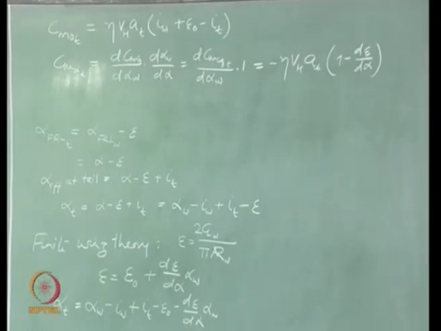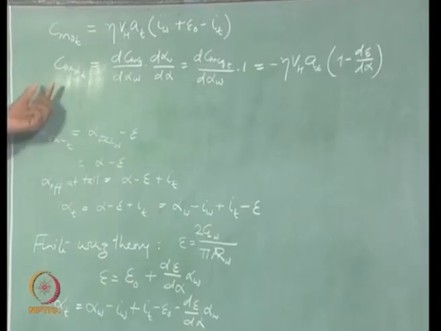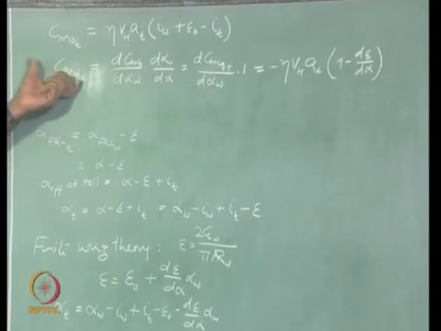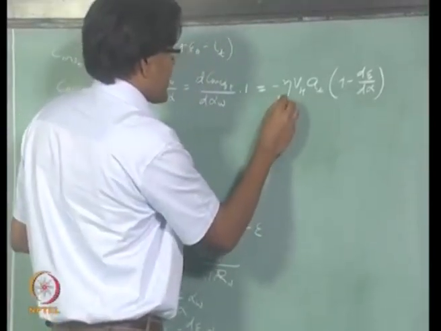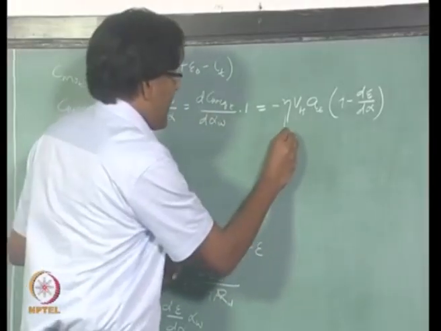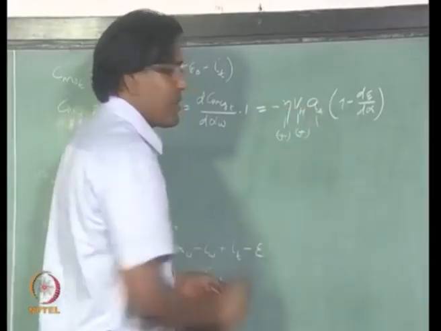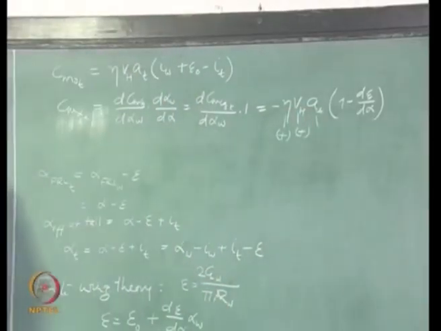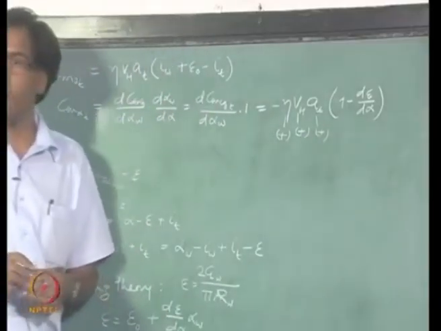So, Cm naught has to be positive, right, and Cm alpha has to be negative, right. Look at these terms here, this is going to be positive, right, this is also positive, lift curve slope of the tail is also positive. Yeah, any question?